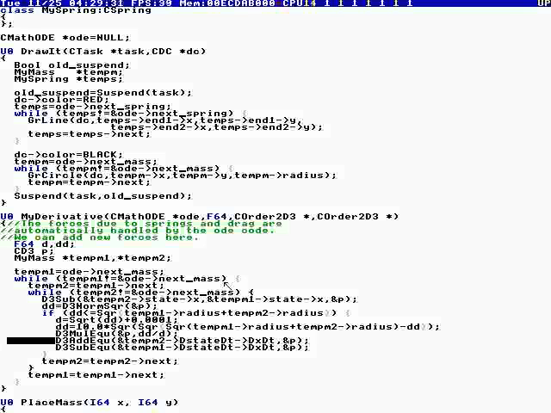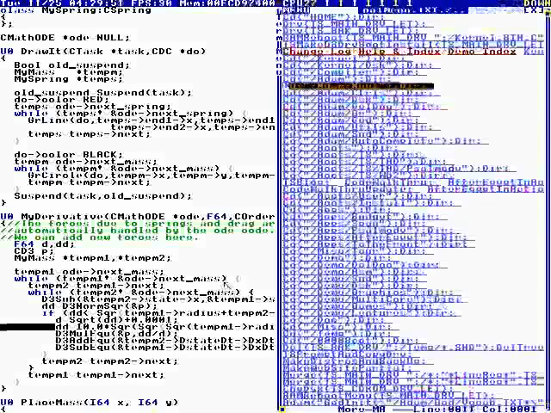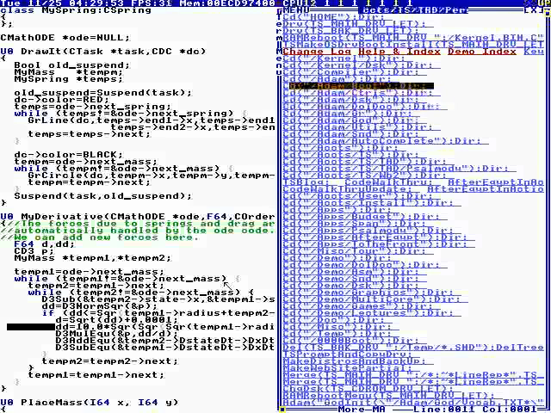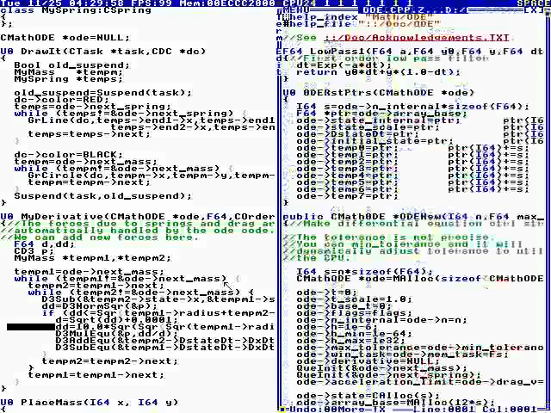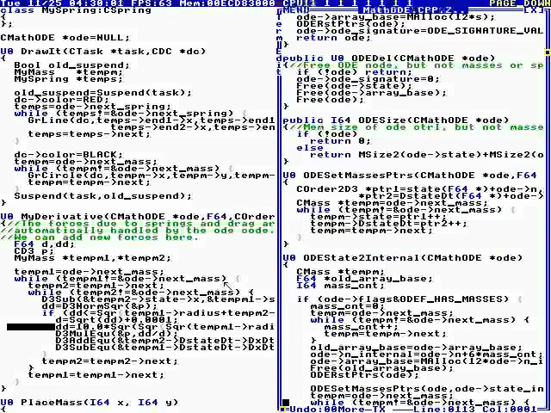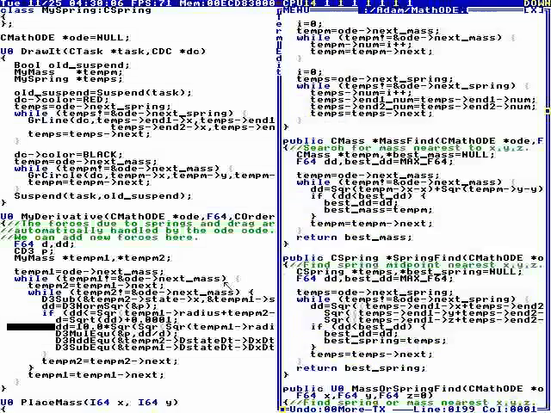And anyway, you have to tell it force equals mass times acceleration, which is the differential equation for physics. And it already handles the springs and masses. It already does some of the work for you.